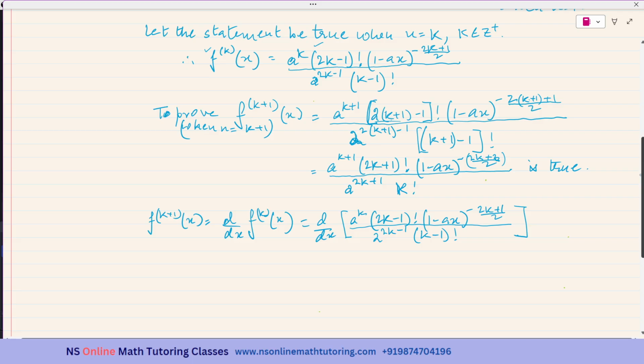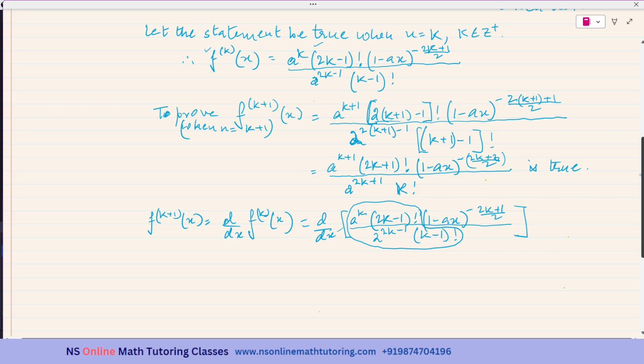Now we are seeing, since we are differentiating with respect to x, this whole part can be considered as the coefficient because none of them contain the x. These are all numbers. 2k minus 1 will have some value, 2 raised to some number will be another number.